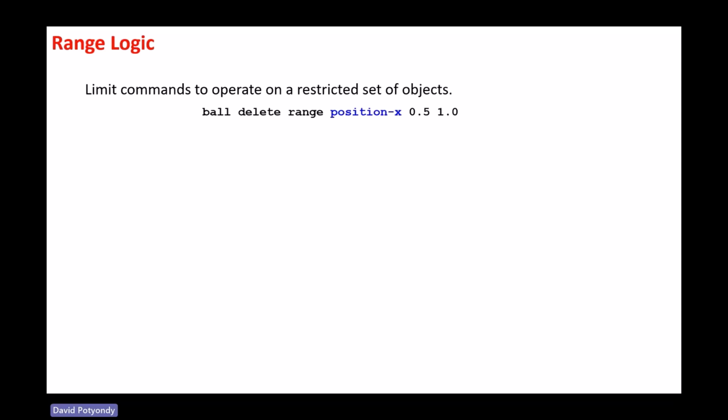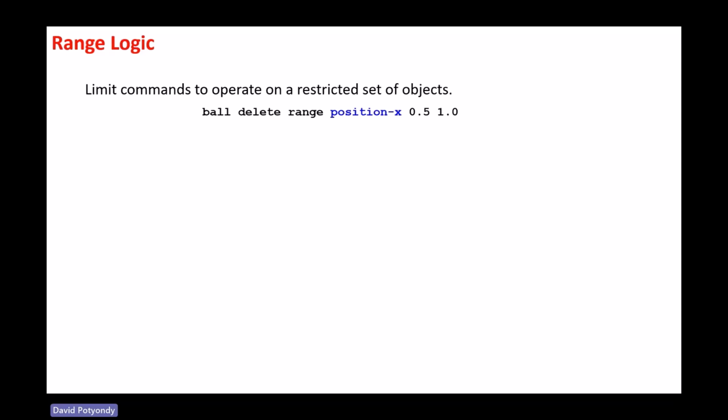Now the range logic, this is super used all the time. So we have commands. So a typical command is ball delete. Now, if we do not give a range, that command will apply to every single ball in the model, okay? So if we don't give a range, it applies to everything. If we give a range, it's like a filter.